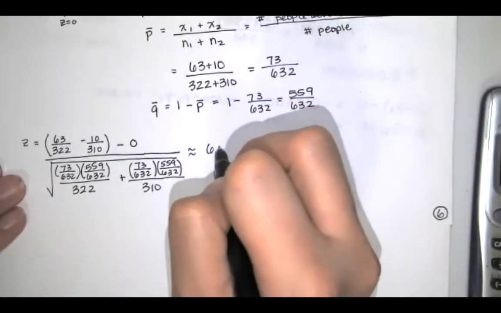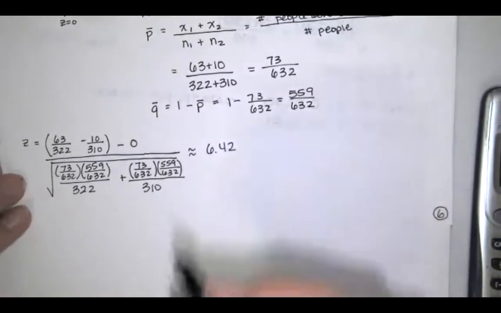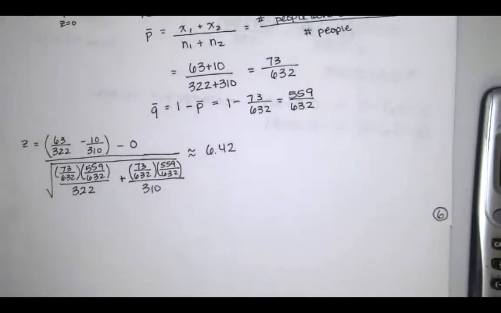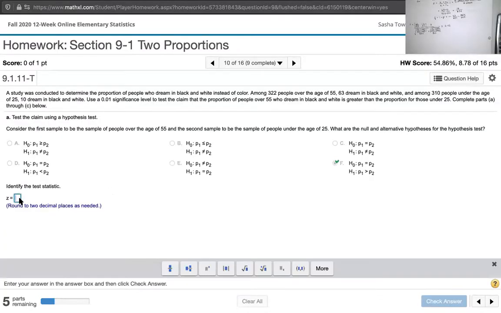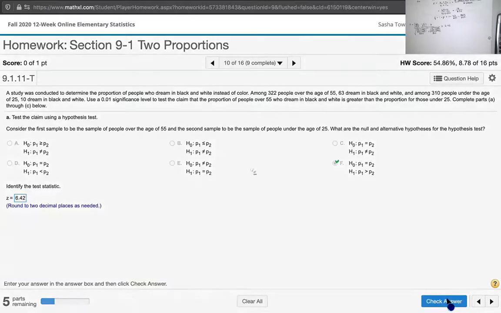That's a lot of standard deviations above the mean. So let's go to MyLab Statistics and see if they like that answer. Okay, so we have 6.42 as our number of standard deviations above the mean. Great. And then we want the corresponding p-value.